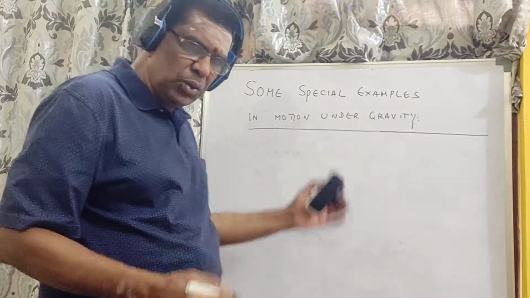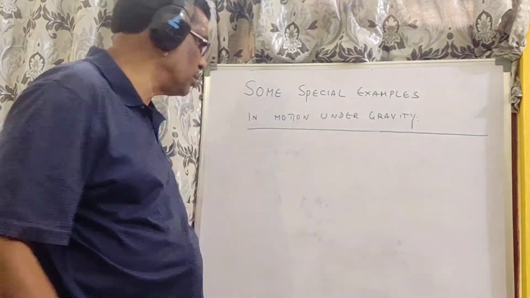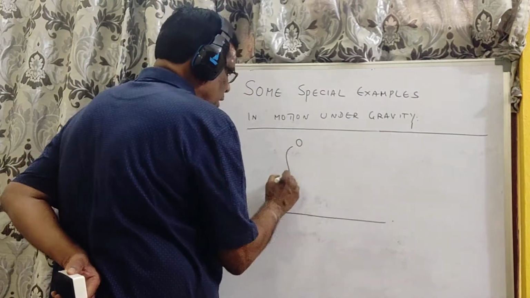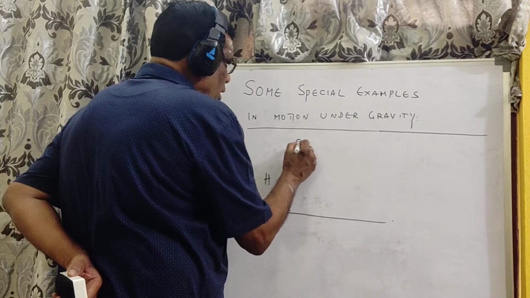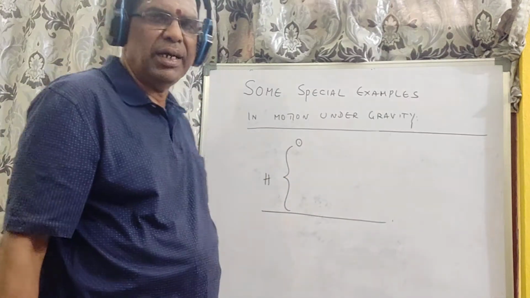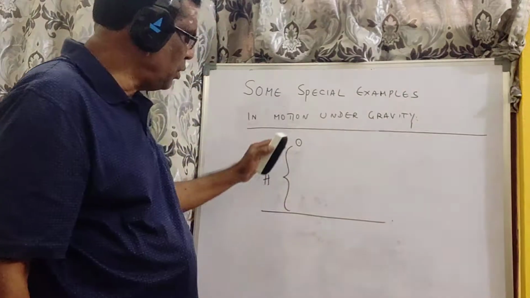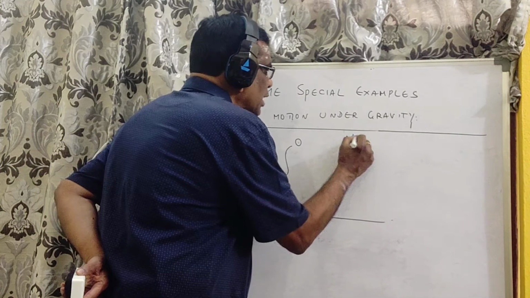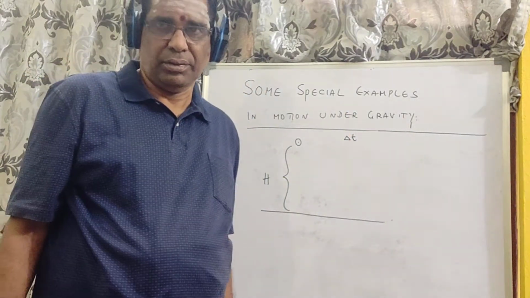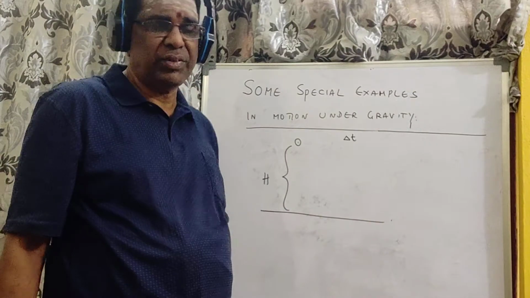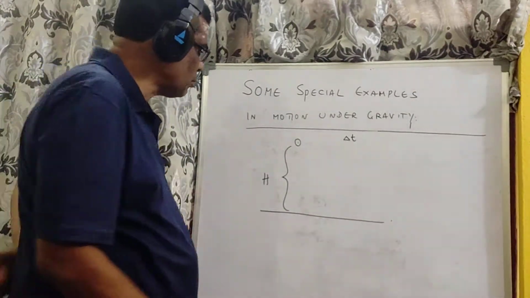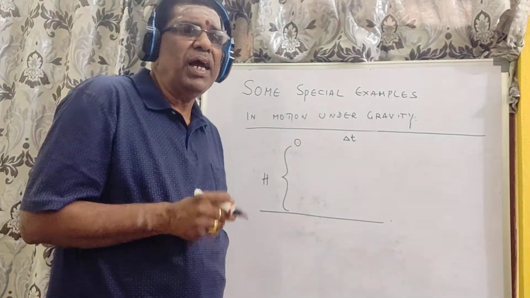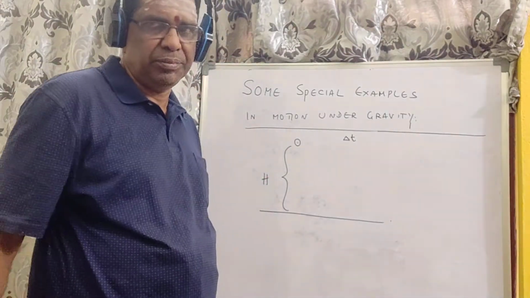Now, how to use these ratios? I'll give you one example. Say, for example, a ball is dropped from a height h, and another ball is dropped after an interval of delta t. Another one is dropped after an interval of delta t. Likewise, he is dropping the balls one after another at equal intervals of time.